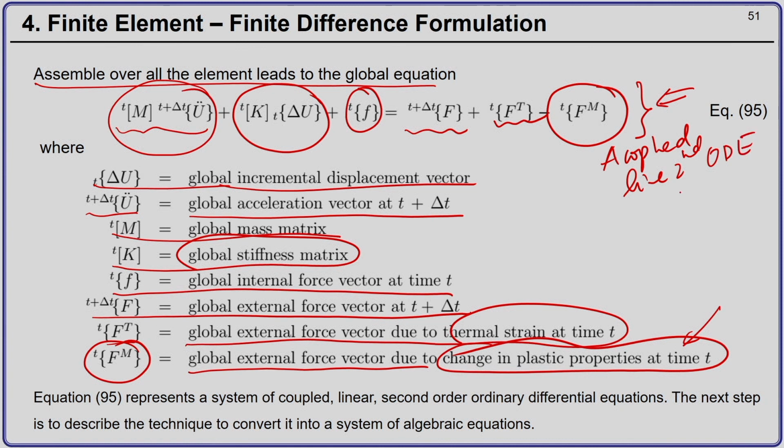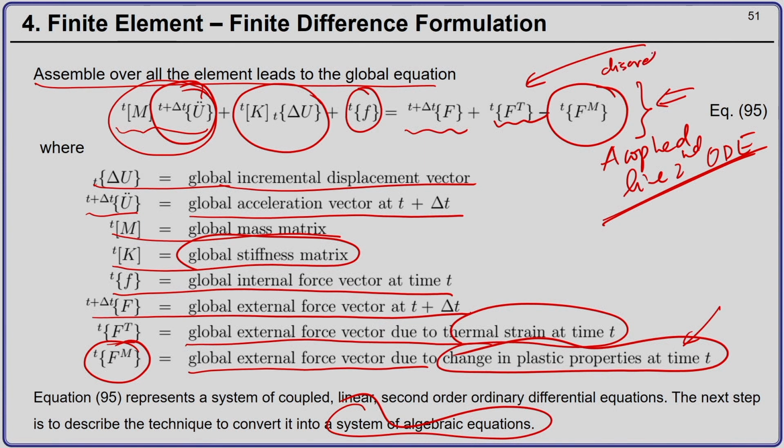Now, what we have to do is convert this coupled second order ODE into a system of algebraic equations. So, how do we do that? We have to go for approximation in time, discretization in time. This equation 95 completes your discretization in space.